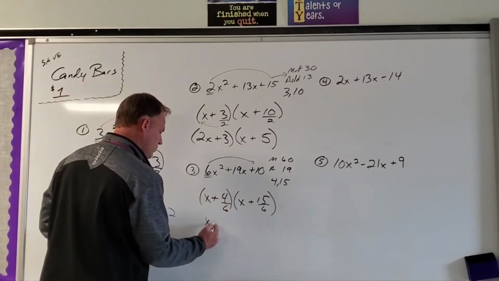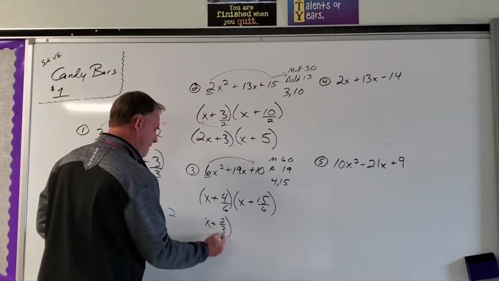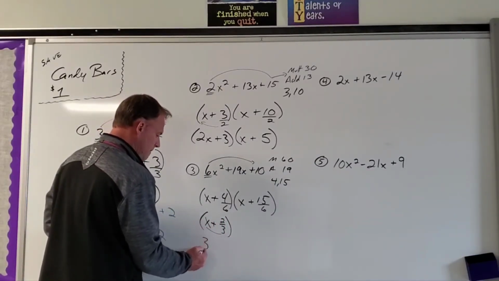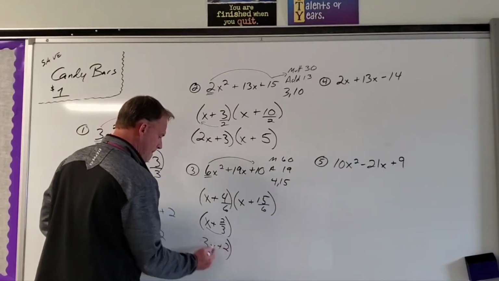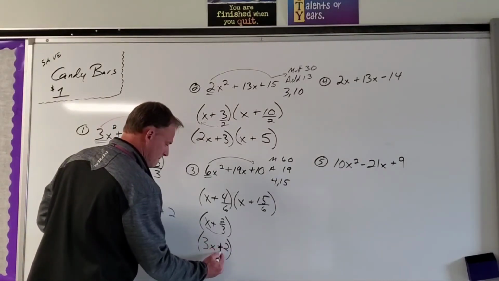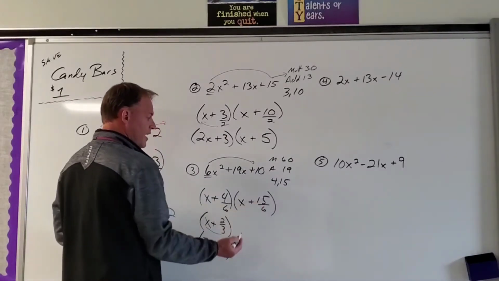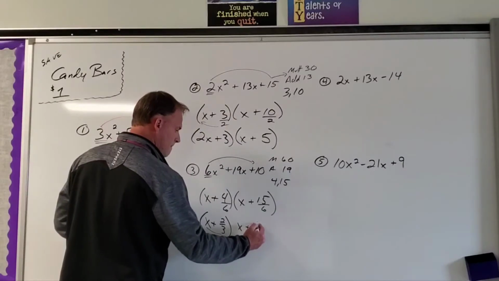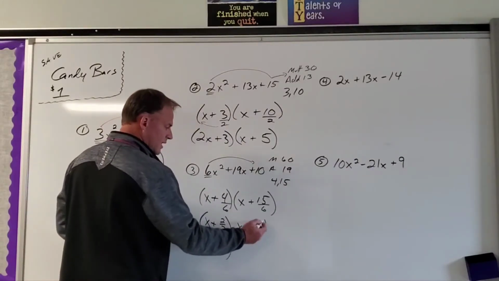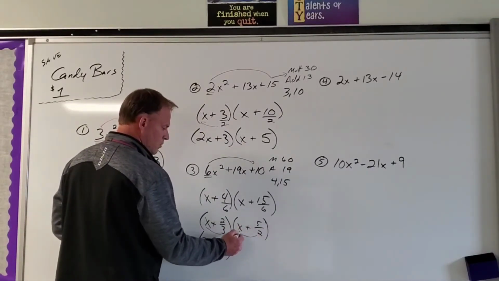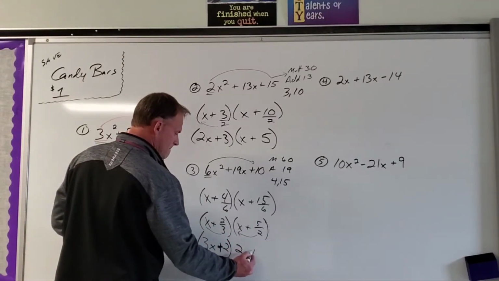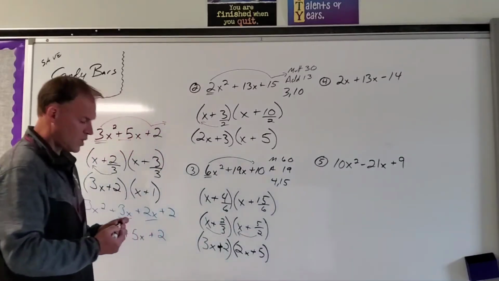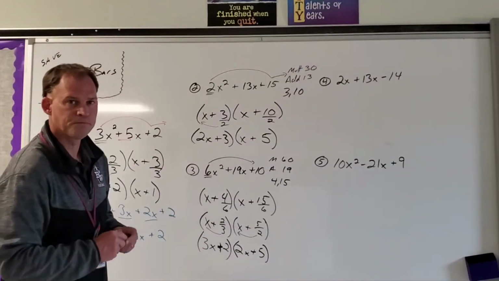Yes, 2 goes into both of those. Can it simplify now? No. Bottoms up. Can this simplify? Yes, 3 goes into both of those. Can this simplify? No. Bottoms up. There you have it, there you are.